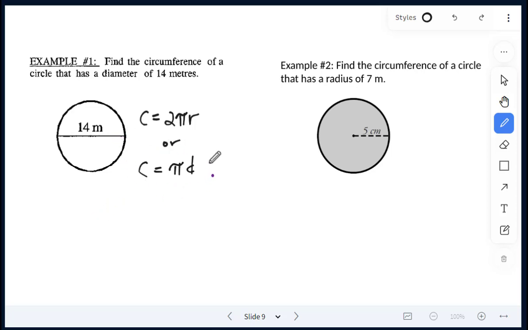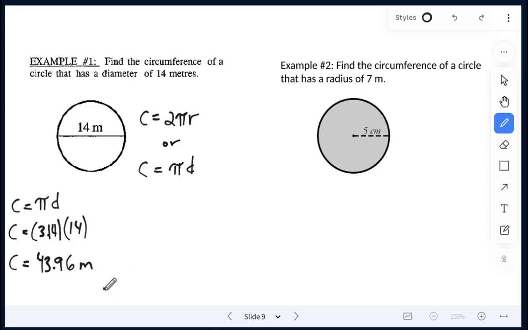So we can just go ahead and use C equals pi d. And we're going to use 3.14 for pi, and the diameter is 14. All right, so we just got to multiply 3.14 times 14. Just put that into your calculator, and you should get 43.96 meters long for the circumference.